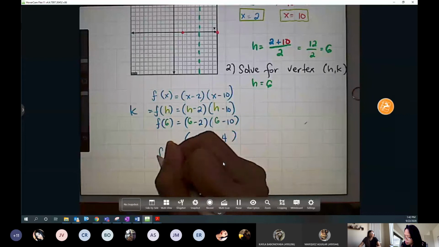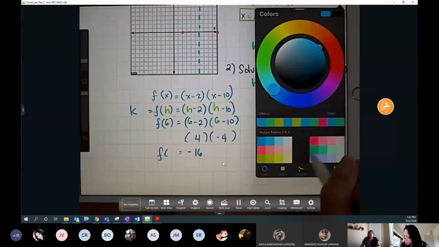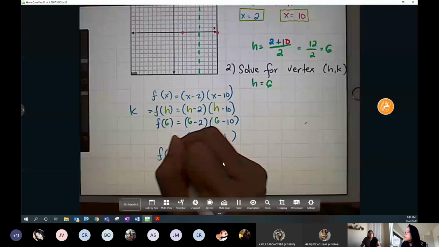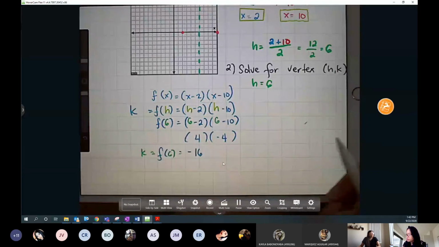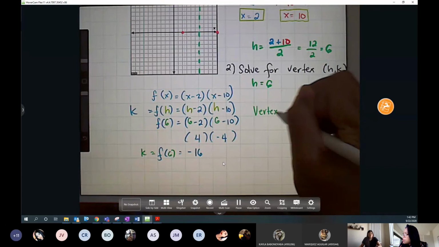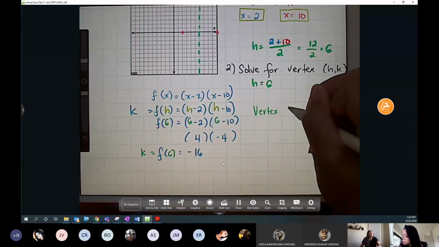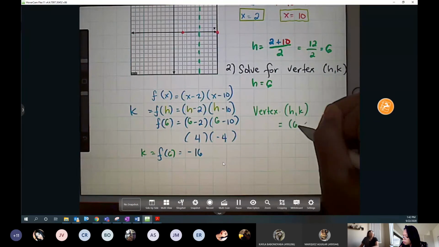And that's our f of 6, or our k. Okay, so vertex, being the h comma k, is equal to 6 comma negative 16.